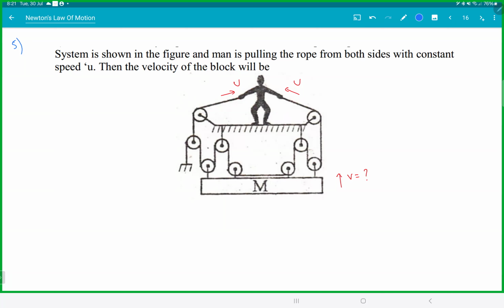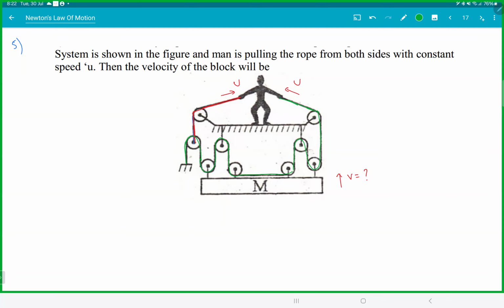Did you guys realize there are two strings? That is the first thing. If you had not realized, there are two different strings here. If you look carefully, this is a different string. On the right side, this guy is holding a different string. This person is holding two different strings.